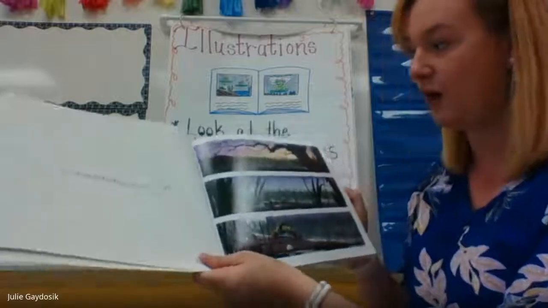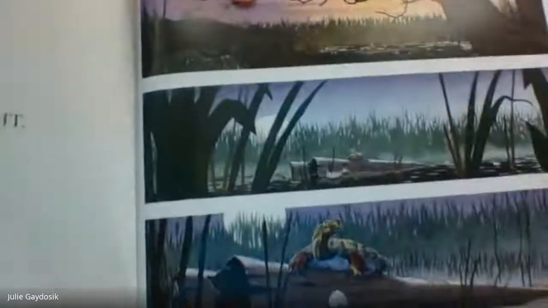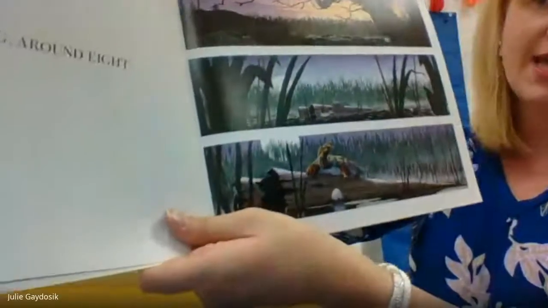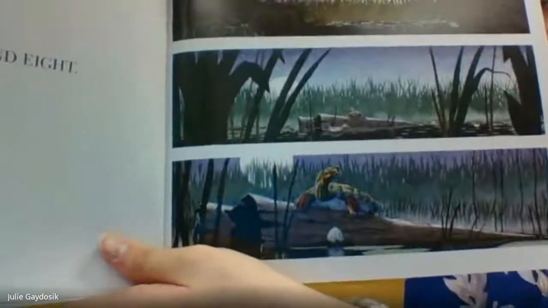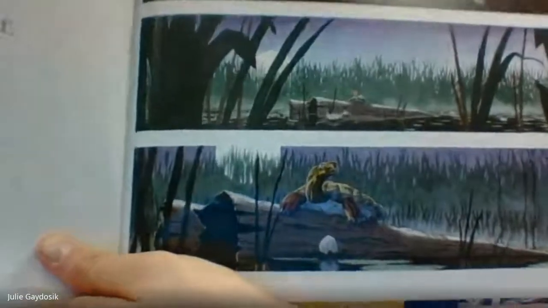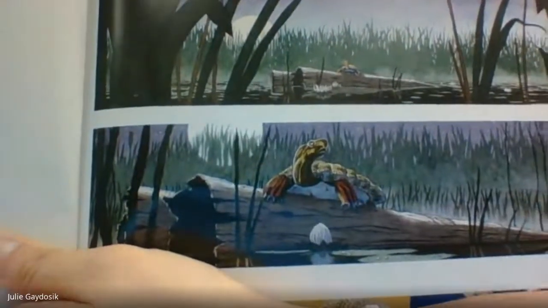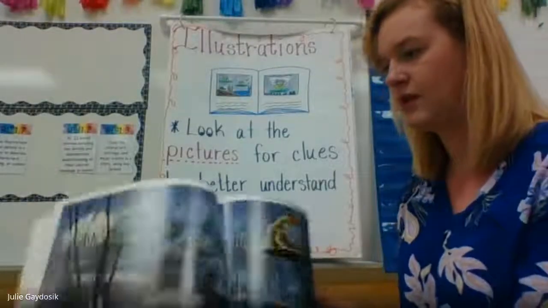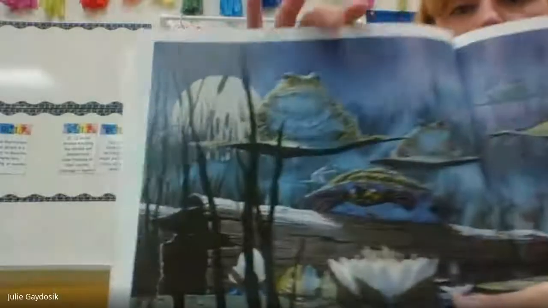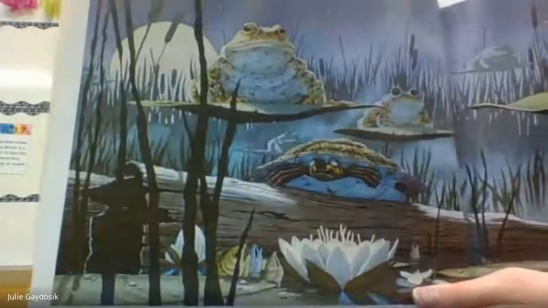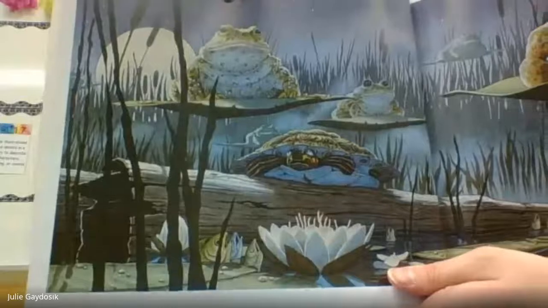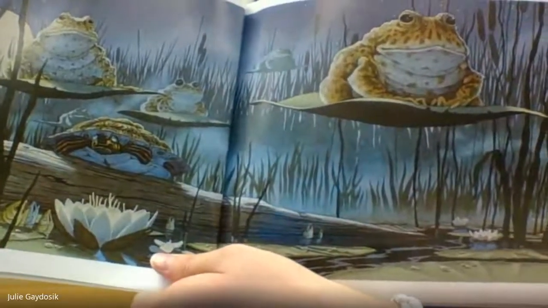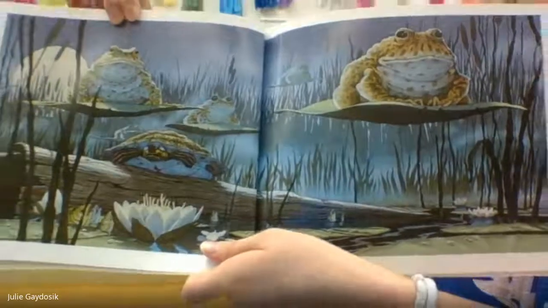Tuesday evening around 8. So it's around 8 p.m. Tuesday evening. What kind of expression? Look at that turtle. I wonder what he's looking at. Look what's happening. The frogs on the lily pads are starting.